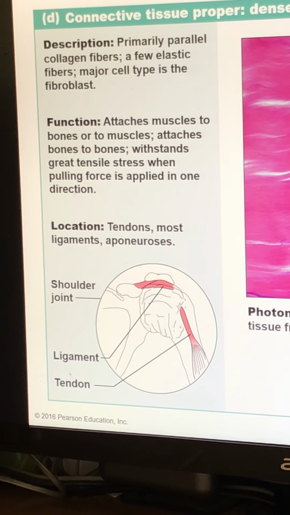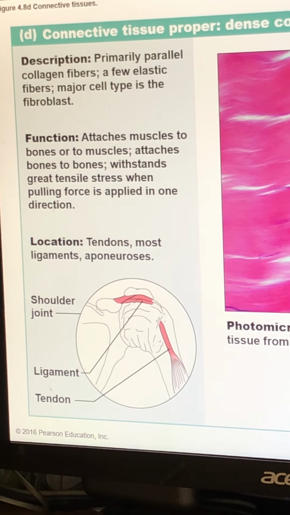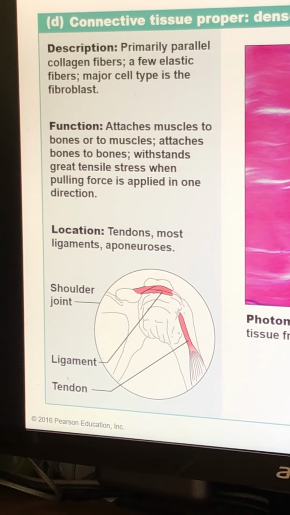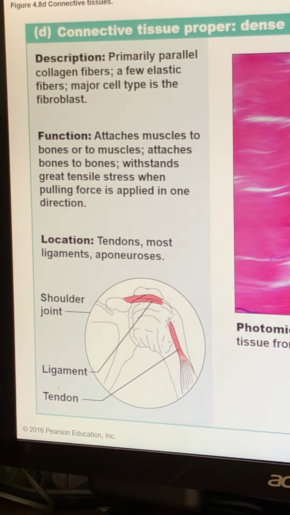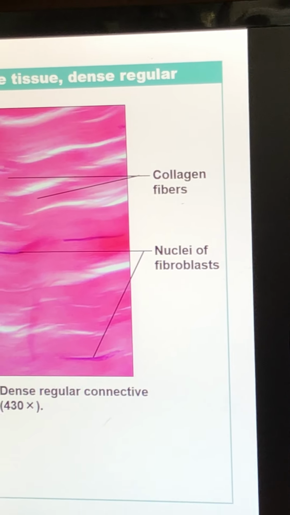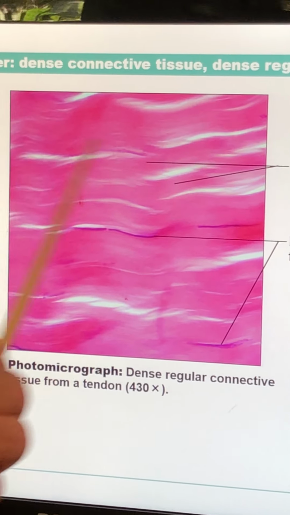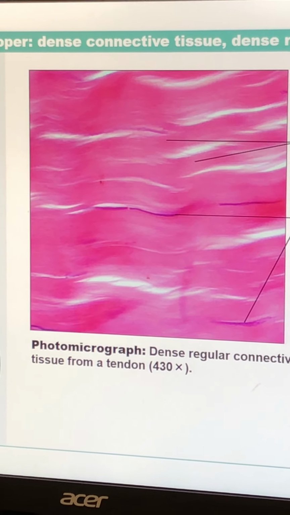So when a force is applied in one direction, this dense regular connective tissue, two examples are a tendon and a ligament. That's what most people are familiar with, but it looks like that, and it would also look like what I drew on my whiteboard, although I accentuated this, but there is kind of a waviness to these tissues there.